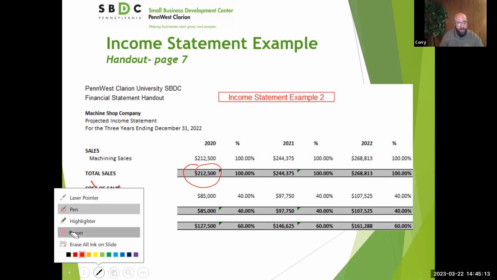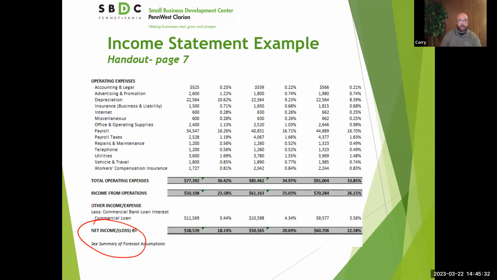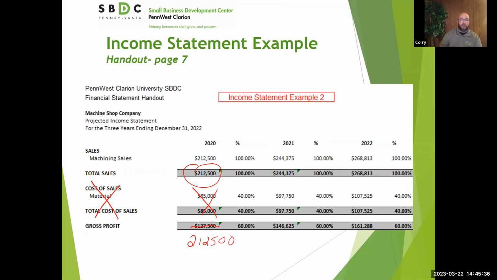If we leave that there, then this amount would become 212,500 because we got rid of this amount here. So now you take your total sales or your total gross profit, you subtract away your operating expenses, and you'll come down to your profit or loss. That's how a service-based business will operate.